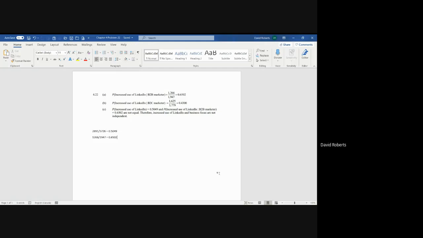Now we've already calculated the second one, where increased use of LinkedIn, given that it's a B2B marketer. I showed you the calculation again, but it's the answer from part A. You get 65%. So in this case, the increased use of LinkedIn and business focus are not independent.